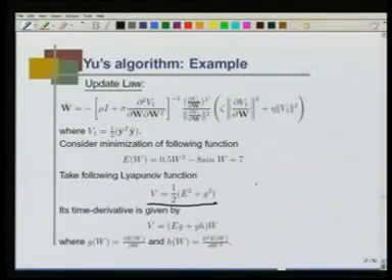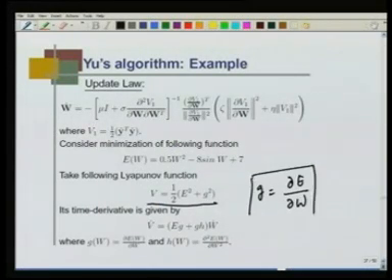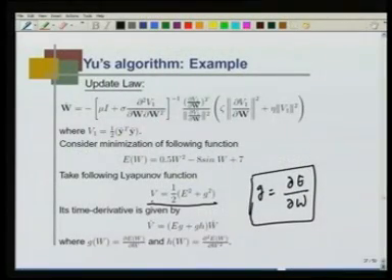And G is del E upon del W. So, for any general neural network, if this is my Lyapunov function V, then Wu shows that this particular weight update algorithm, which is a very complex weight update algorithm, guarantees global convergence using the Lyapunov function approach.